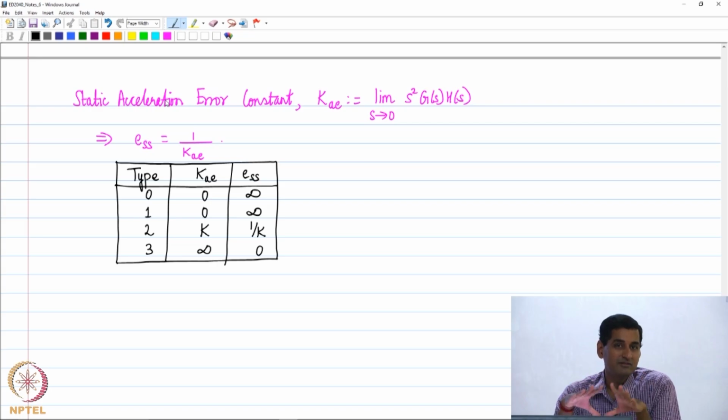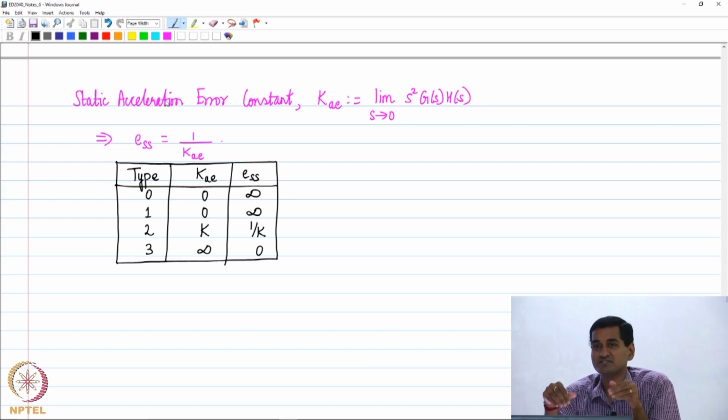The statement that an integral controller will remove steady state error is correct, but you don't always need an integral controller to get zero steady state error to a unit step input. You need an integral controller only if we do not have a 1 by s term in the plant transfer function to begin with. So at the end of the day, we need a type 1 system if we want zero steady state error while tracking a step input. That's one thing. And I also wanted to introduce these terms.